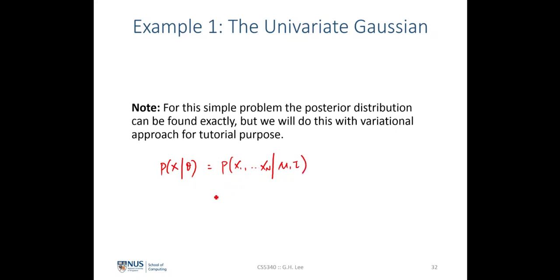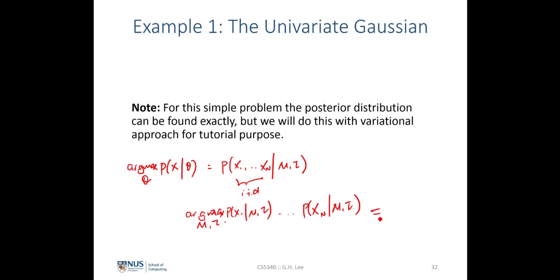And we know that by assuming IID observations here, we can simply rewrite this into p of x1 conditioned upon mu and tau, all the way until p of xn conditioned upon mu and tau over here, and we'll simply do an argmax of these likelihoods over theta, or in this case an argmax over mu and tau. And we can see that this can be computed in a closed form or in an exact expression, where we can derive the analytical expression for mu as well as tau that optimizes this particular expression over here.